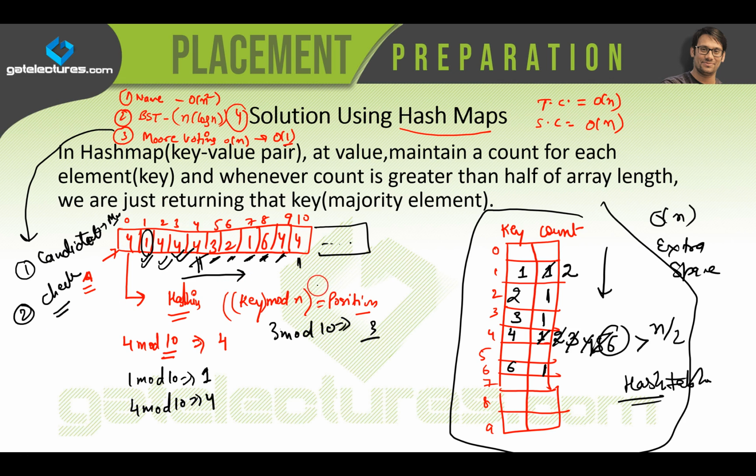But using hash maps, we don't need two different algorithms. We can just write one single solution which can find whether it is a majority element or not. Now let us look at the programming implementations of all these solutions.